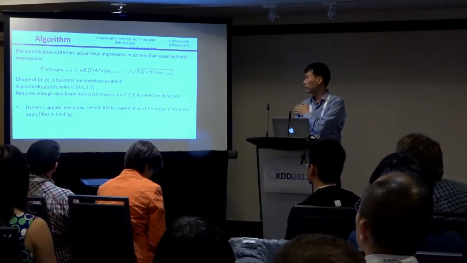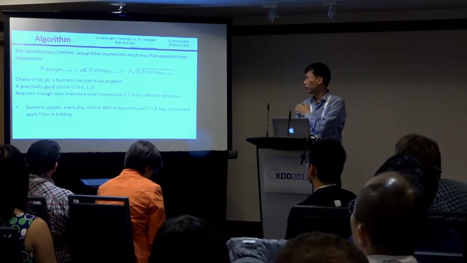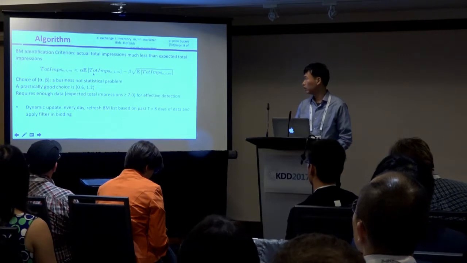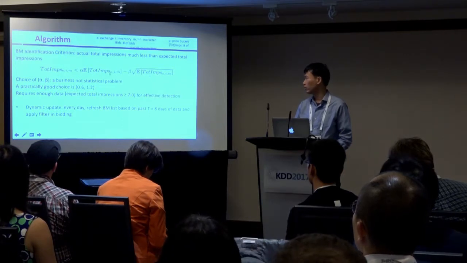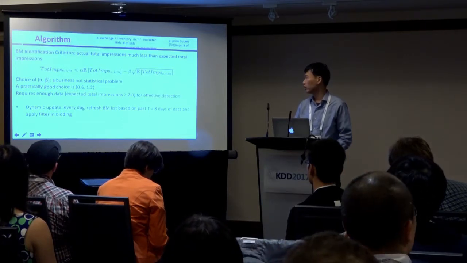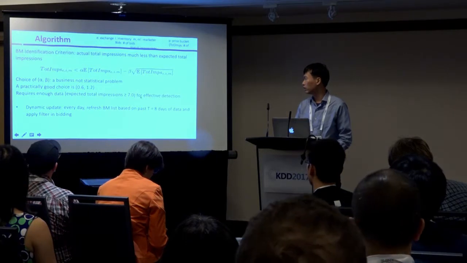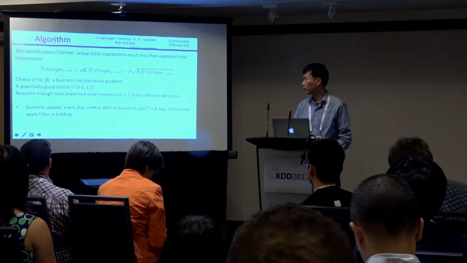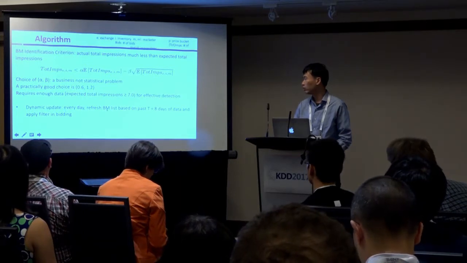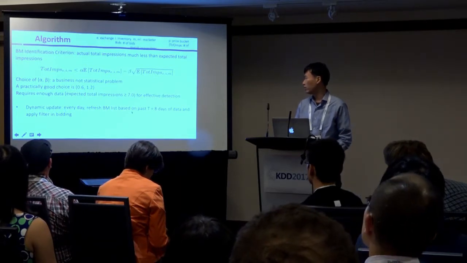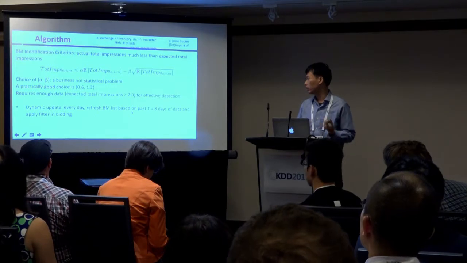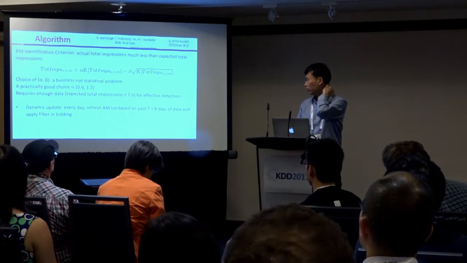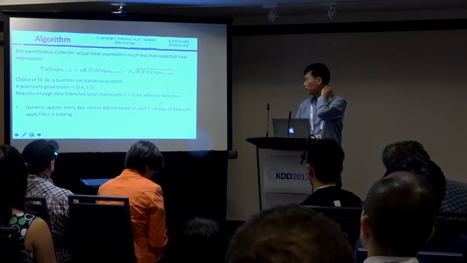And from this equation, it tells us you need this number to be at least 7 in order for the right-hand side of this equation to be positive. So that means you require enough data for effective detection of bad marketers. And in live, what we do is every day we refresh the list based on the last about 8 days of data and apply the filter in our bidder. 8 days of data is because we don't want this number to be too large.